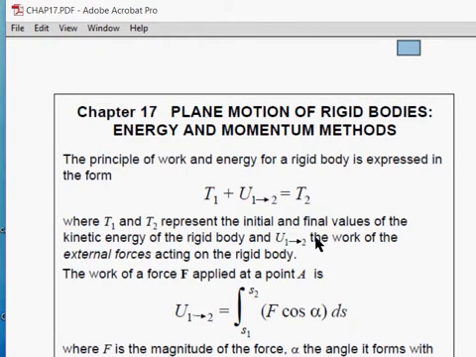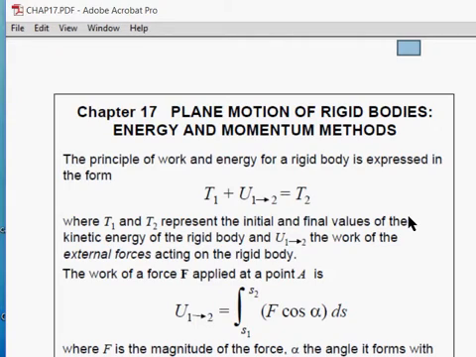In this case, it's important also to get a definition of what actual work is. T1, T2 are the initial and final values of the kinetic energy. And U1-2 is the work done by the external forces.